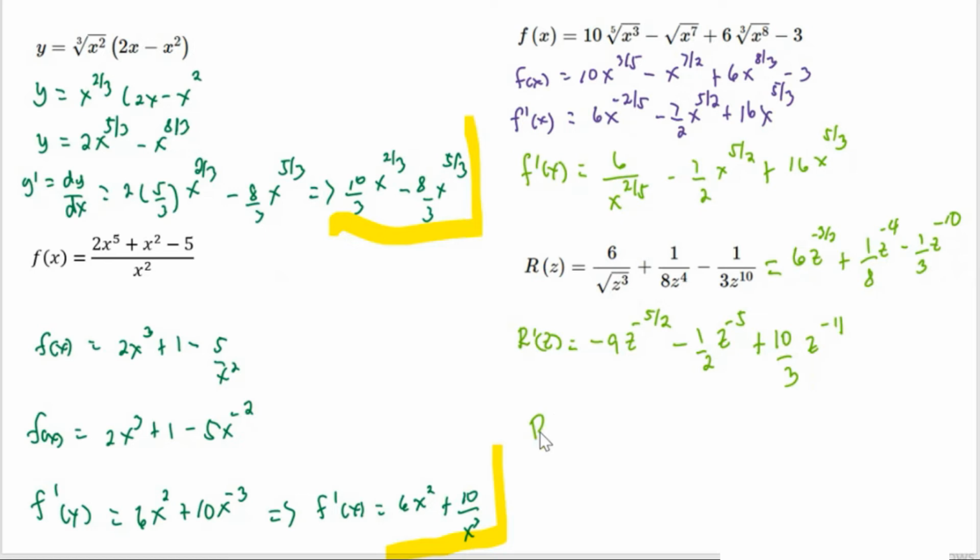Now rewriting the answer in terms of positive exponents, I can write now negative 9 over z to the power of 5 over 2 minus 1 over 2 of z to the power of 5 plus 10 over 3 z to the power of 11. So this is now our final answer.